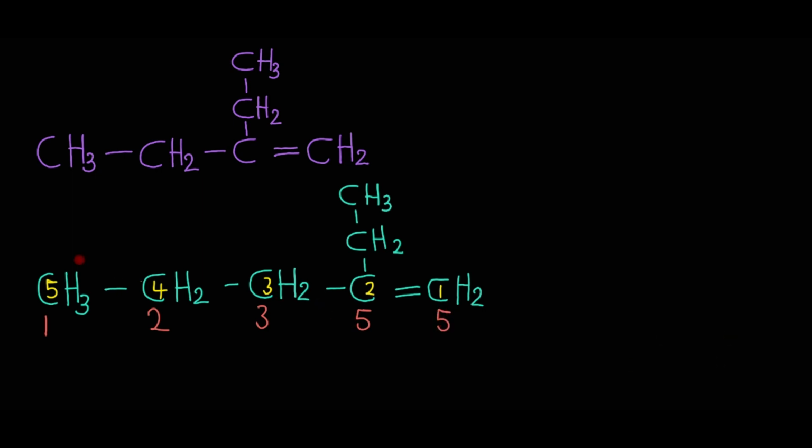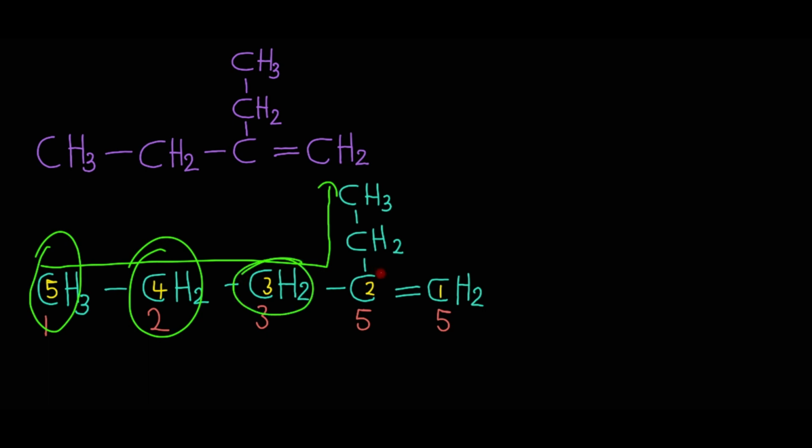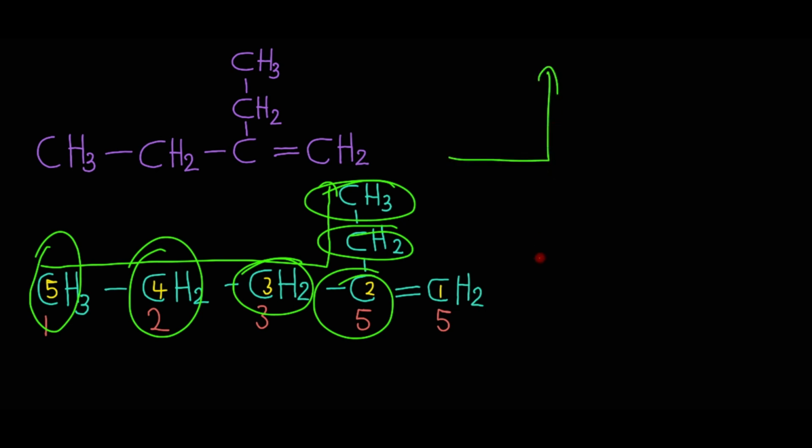Let's see this one: this is 1, this is 2, this is 3, this is 4, 5, 6. This direction gives 6 carbons, but moving from left to right and right to left give 5.